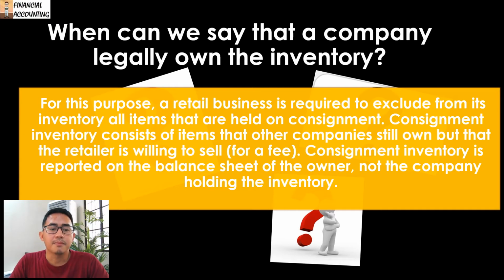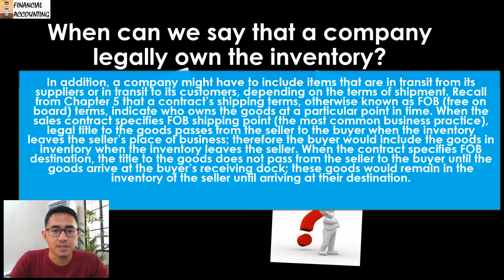Meaning, if there are risks of spoilage, for example, in case of food items, or in case of damage, the expense or the damage will be borne by the consignor, who is the legal owner of the goods. Okay, consignment inventory is reported on the balance sheet of the owner, not the company holding the inventory.